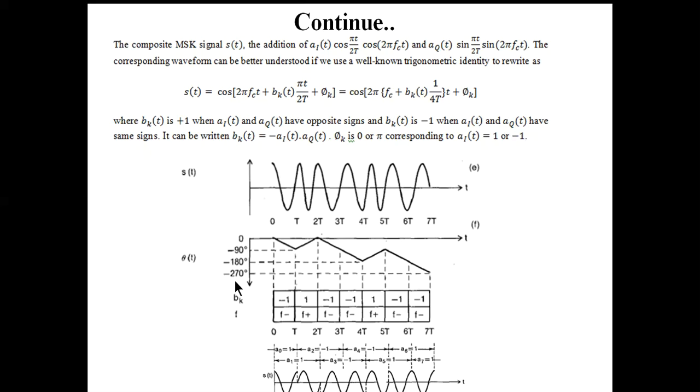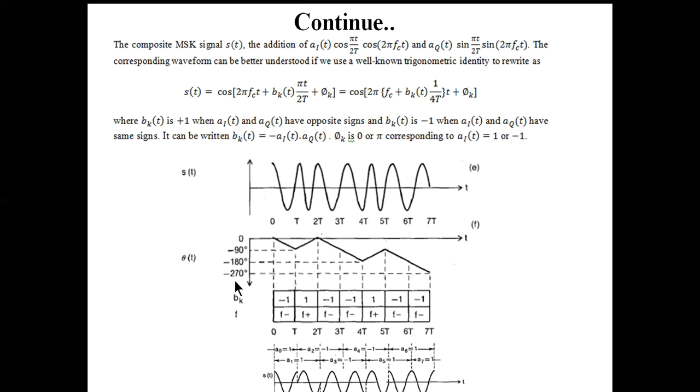Now this equation, that means the addition of AI(t) cos(πt/2T) into cos(2πfct) plus AQ(t) sin(πt/2T) into sin(2πfct), can be easily rewritten using a trigonometric identity like this, where we can write s(t) as cos(2πfct) plus bk(t) into πt/2T plus phi k.